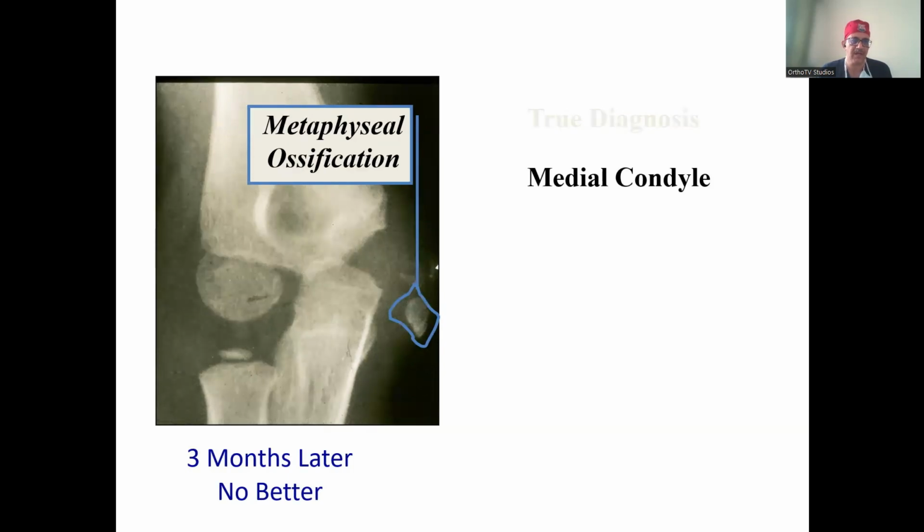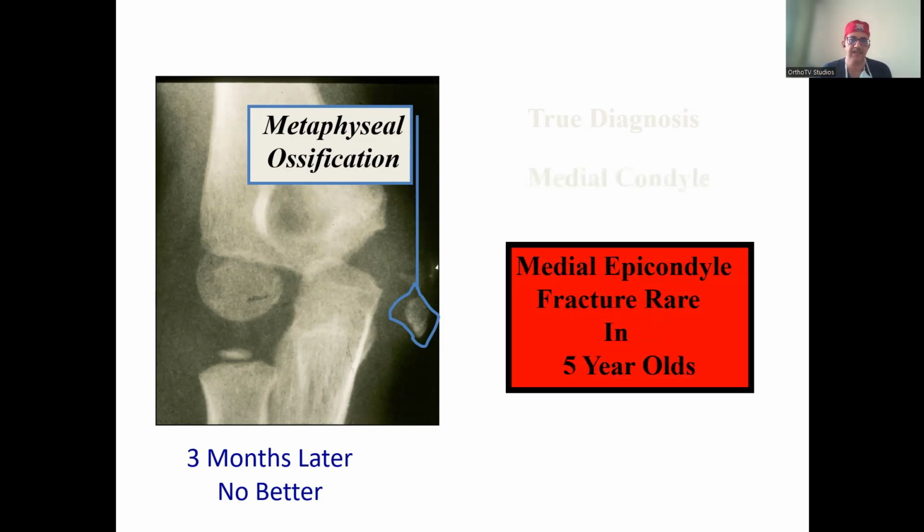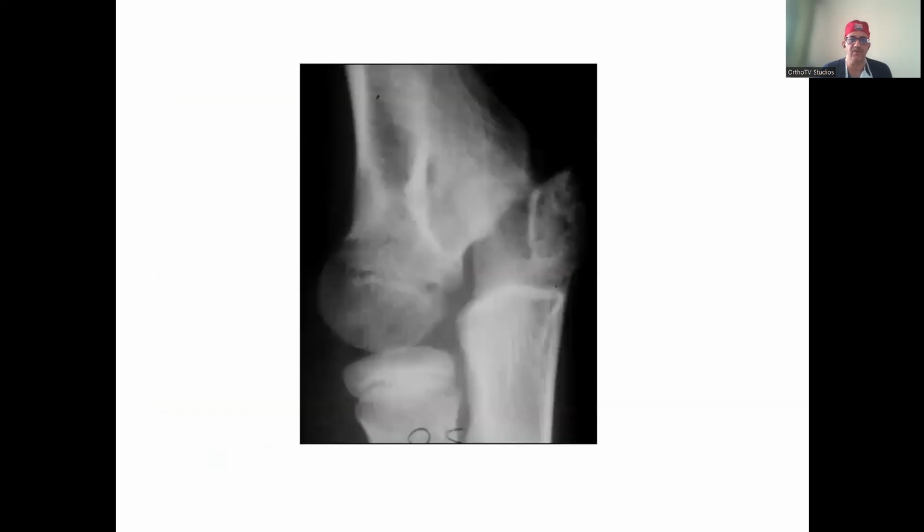Like you have lateral condyle, the entire medial condyle can break and rotate along with the flexor origin with a little bit of metaphyseal bone. And that metaphyseal bone may be mistaken as epicondylar fracture because the rest of the medial condyle at that age is completely cartilaginous. So medial epicondyle fractures are unusual in 5-year-olds.